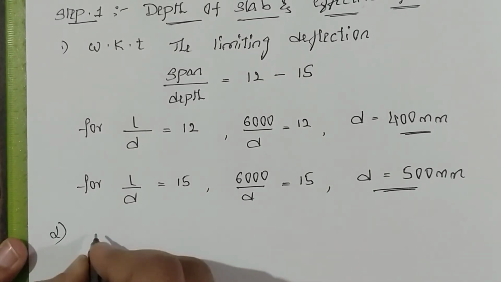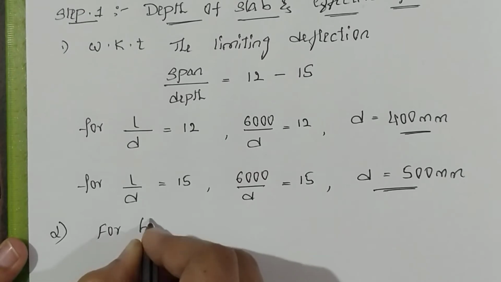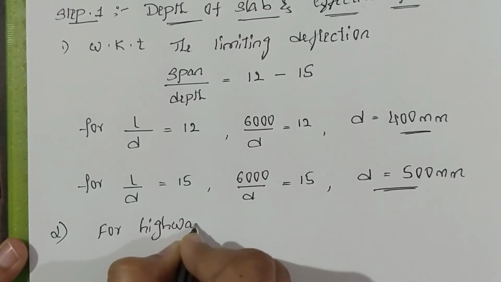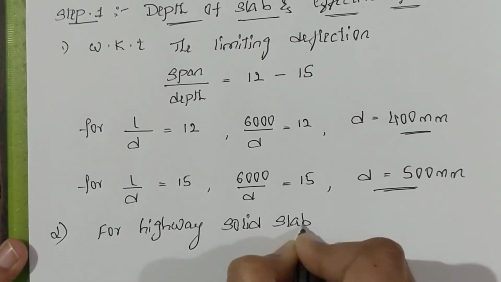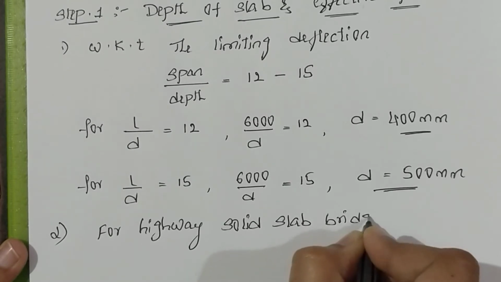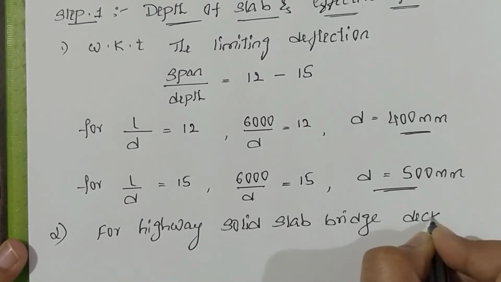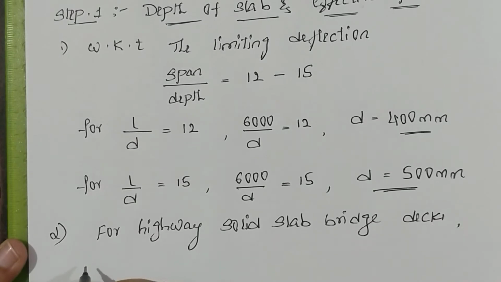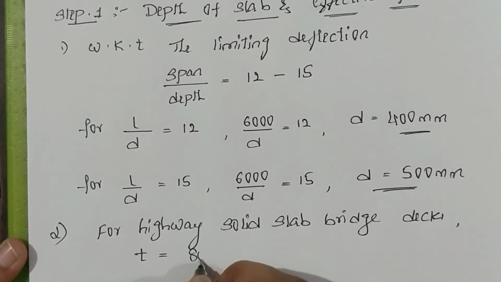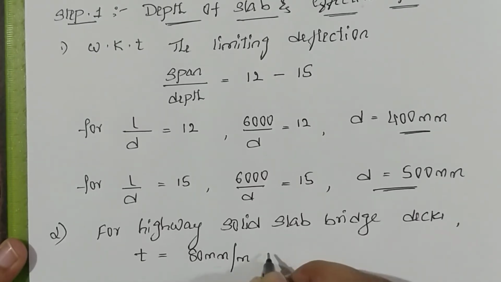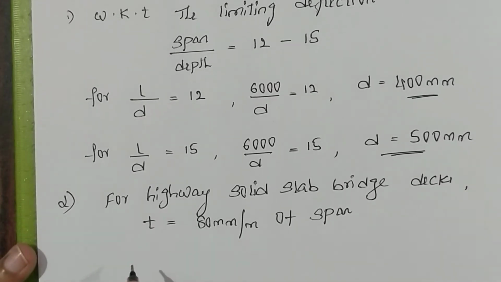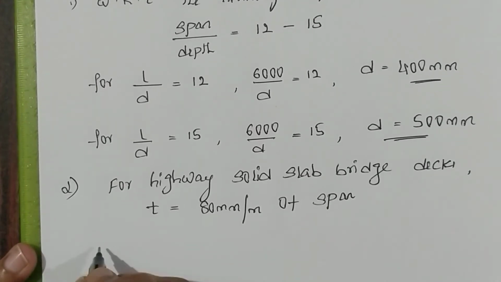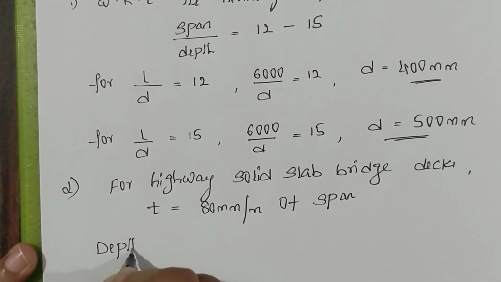Next, for highway solid slab bridge decks, the thickness of slab is assumed as 80 mm per meter of span. Then you need to calculate depth of slab, that is overall depth.